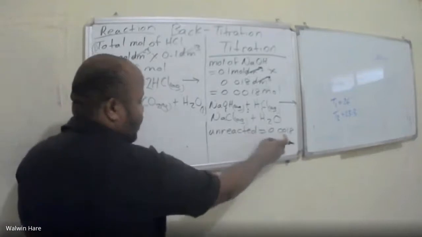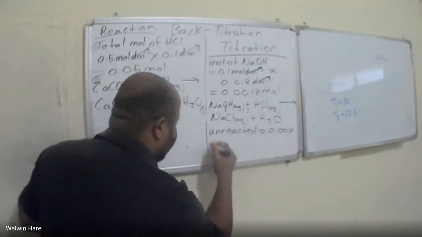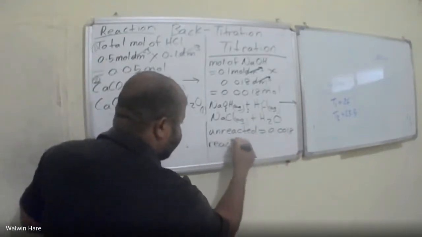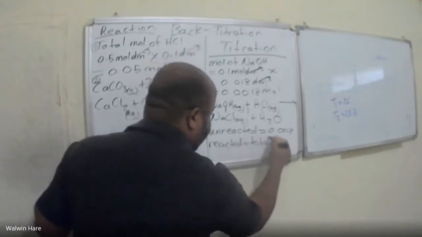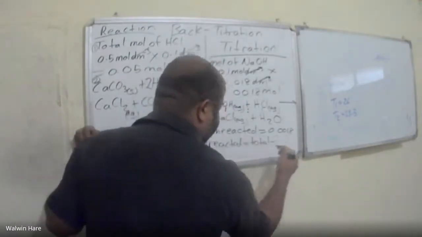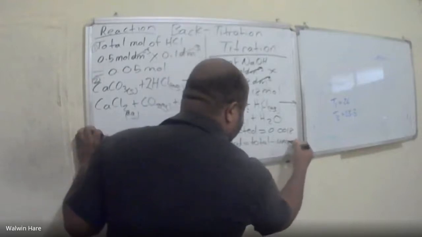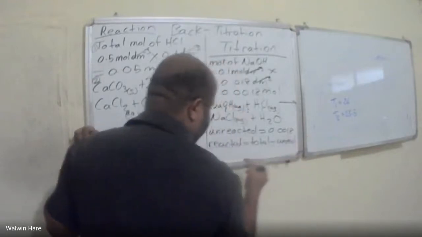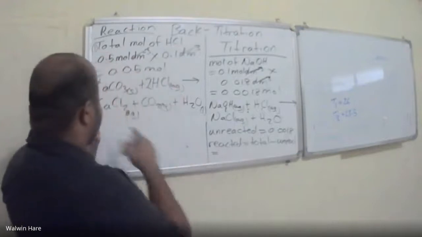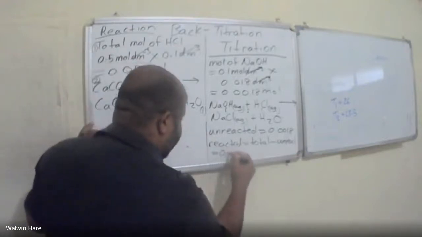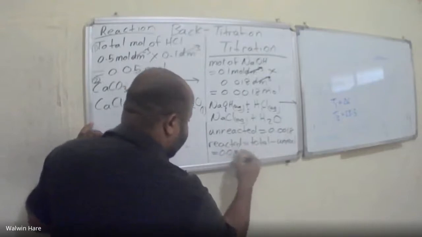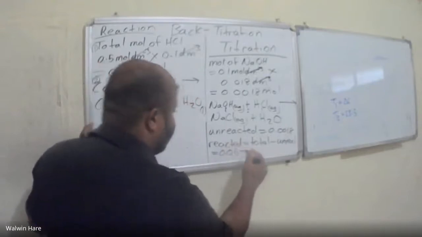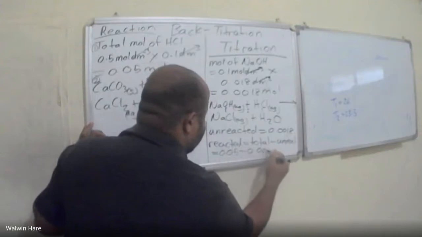So the unreacted is that. So the amount that reacted is equal to the total minus the unreacted. Right? And that will be equal to 0.05 minus 0.0018.